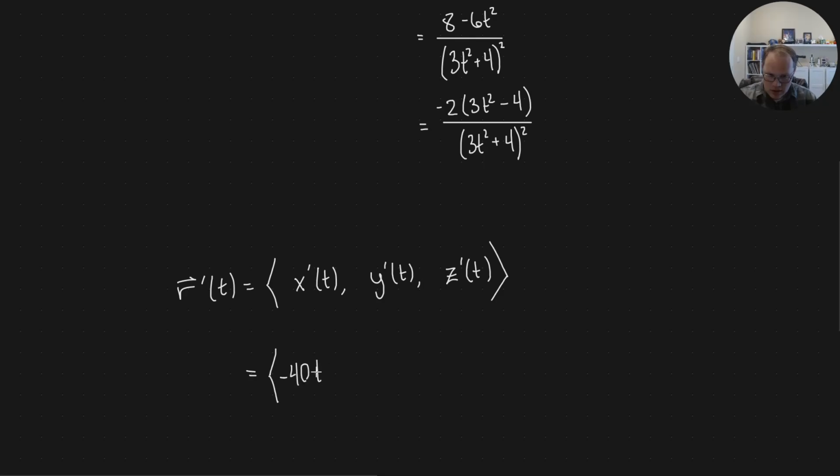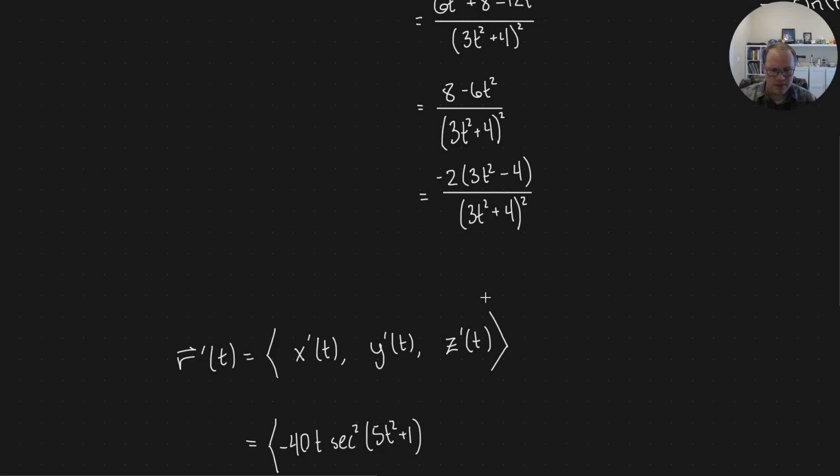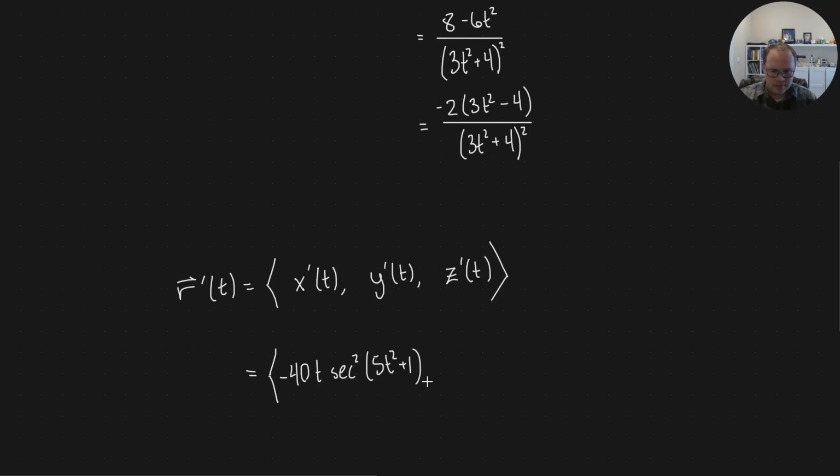Double check I got that right. Yeah. Y prime of t was negative 2(3t squared minus 4) over (3t squared plus 4) squared.